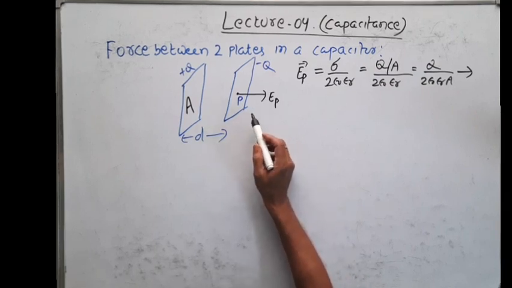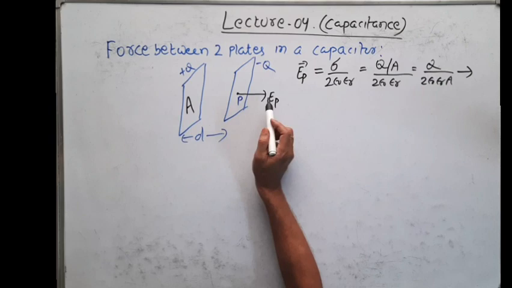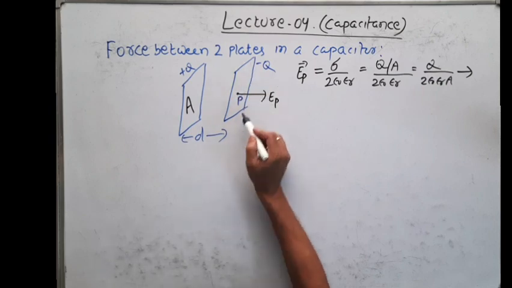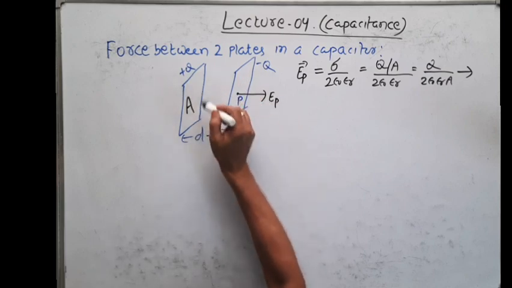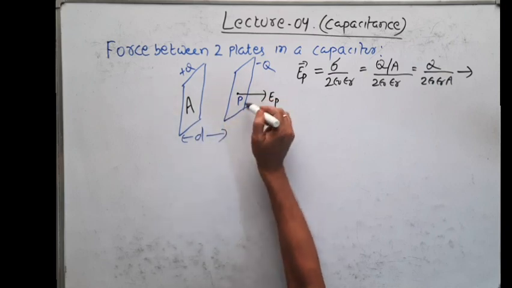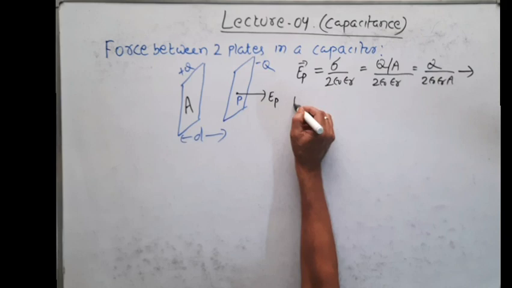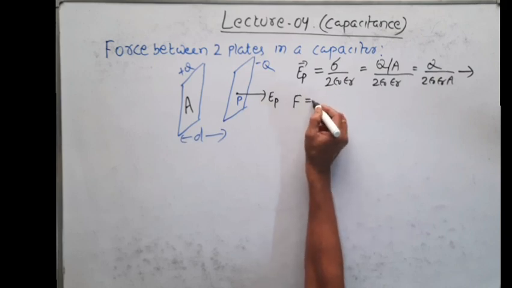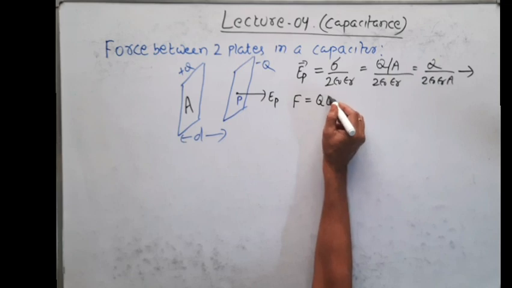When any charge particle is brought inside an electric field, that charge particle will experience a force. Now this negative charge plate is coming under the electric field produced by the first plate, so it will experience a force. Force magnitude is equal to the charge magnitude into electric field.